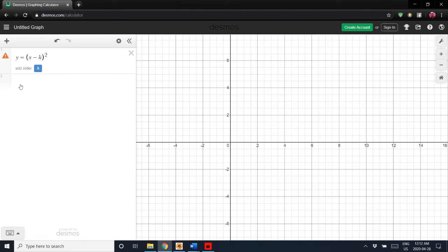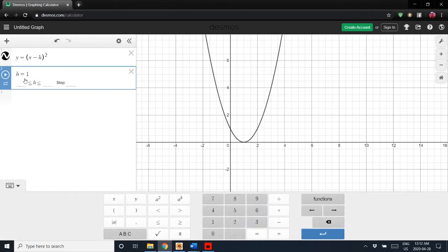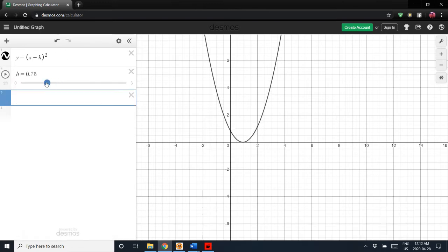So let's check it out. So we'll click here, and we're going to say 0 to 3. Okay, so 0 is as if there is no translation, and the 3 will let us know what's happening with it. Okay, so let's go slider to 0.